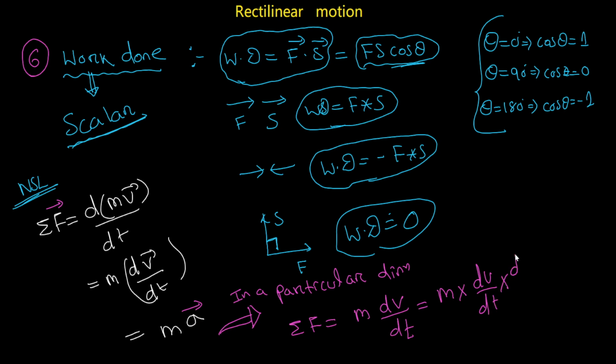In the numerator I put ds, and in the denominator I multiply ds. So I can write mass into ds by dt times dv by ds. ds by dt is nothing but velocity, with dv by ds left out.